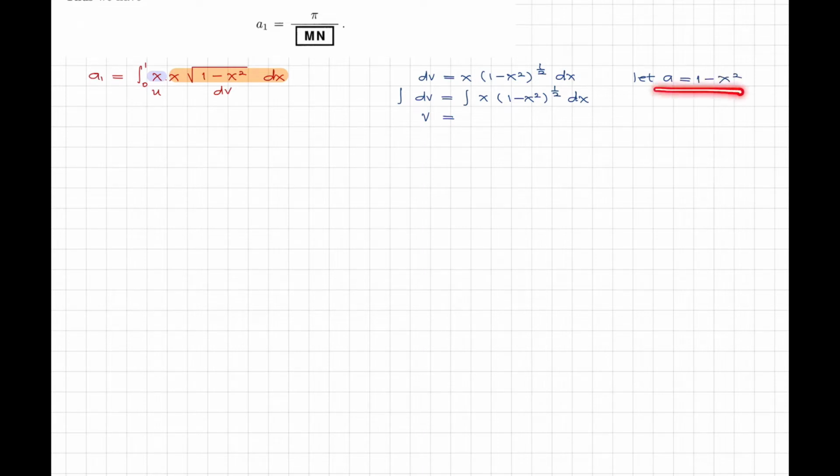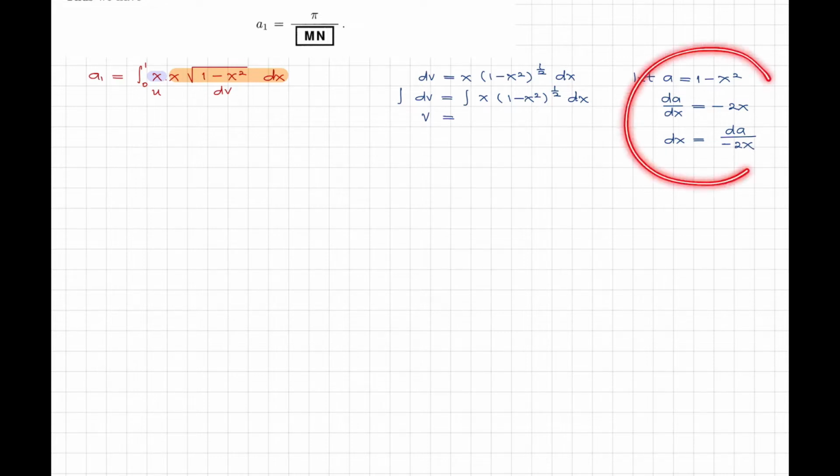If we differentiate it, I get dA dx equals negative 2x. So dx equals dA over negative 2x. Let's substitute this into that.